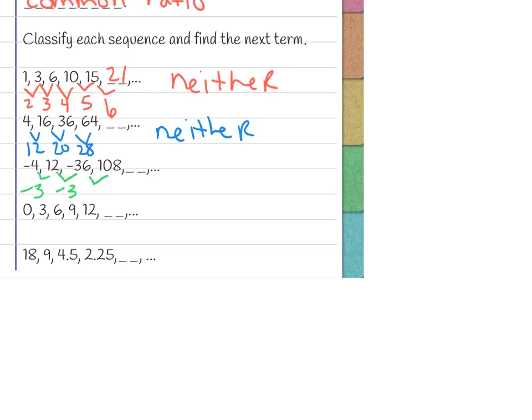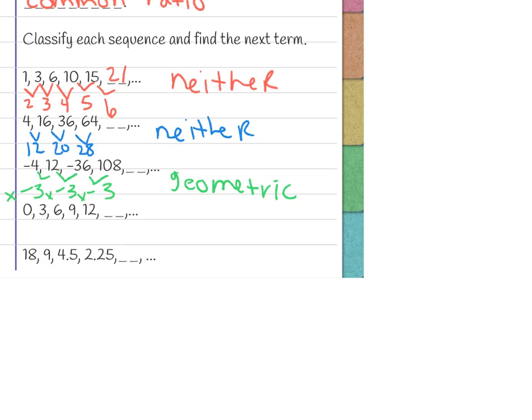Yes, it does give me 108. So we see that we found the pattern, and this was all by multiplying. So would this be arithmetic or a geometric sequence? Well, this would be geometric, because geometric is whenever you have a common ratio because you're multiplying or dividing.